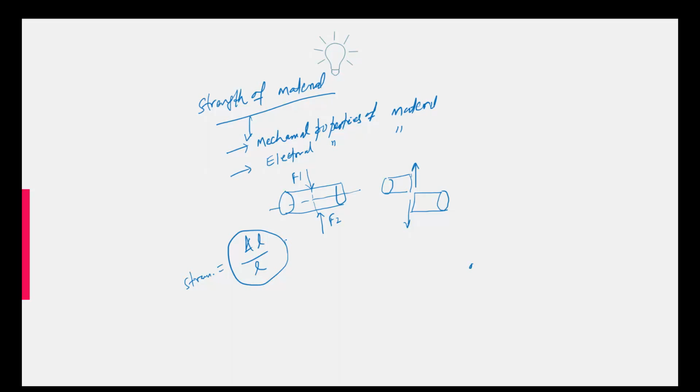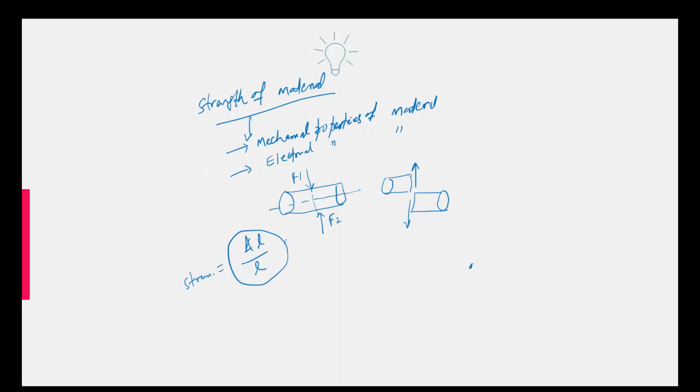Yield strength you also need to understand, because that is the maximum stress before the material has permanent deformation. You also have to look at the ultimate strength, the maximum stress before failure, which is called the tensile strength as well.